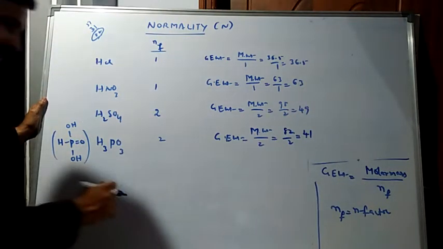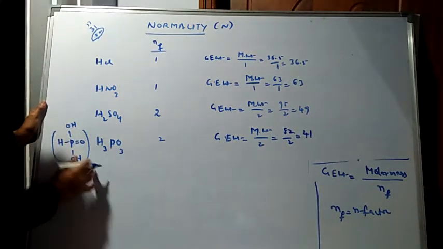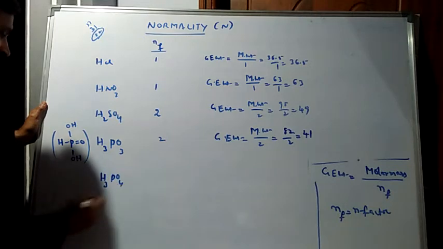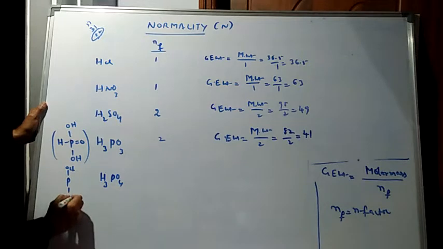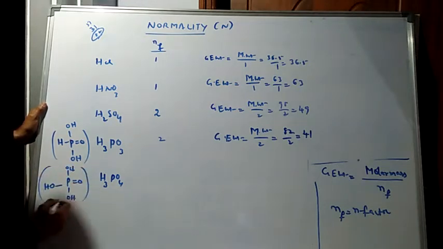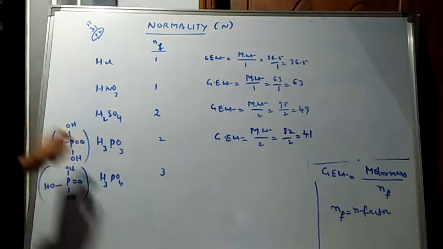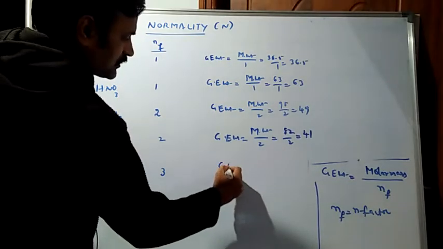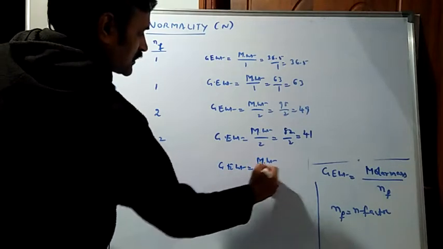Okay. In the same fashion, go with another type of acid, phosphoric acid H3PO4. In this there are 3 OH groups, so this one is a tribasic acid, 3 will come for this one. In such a case, the gram equivalent weight of phosphoric acid is molecular weight by 3.